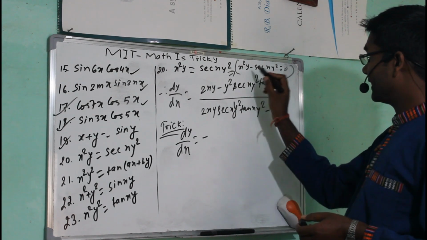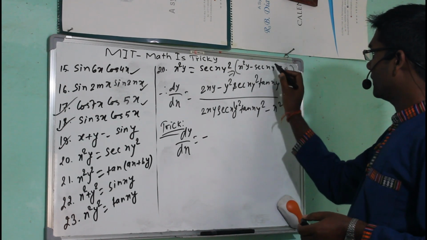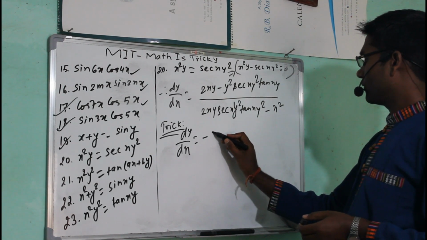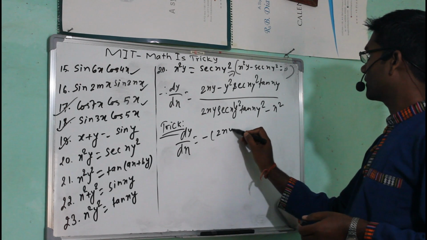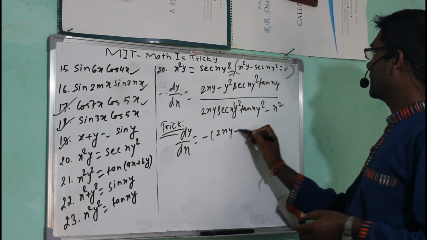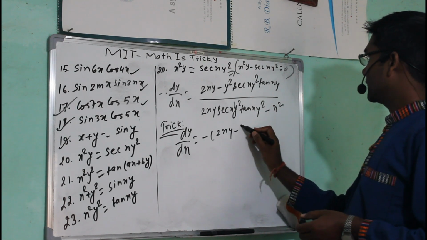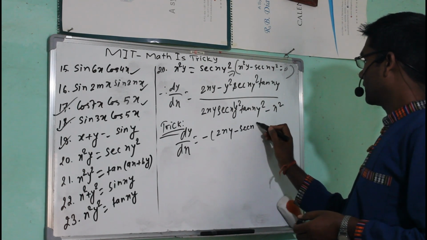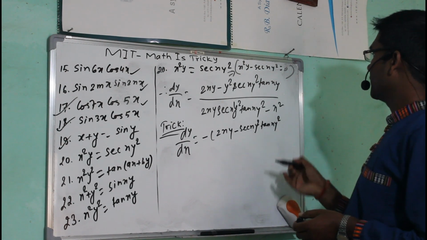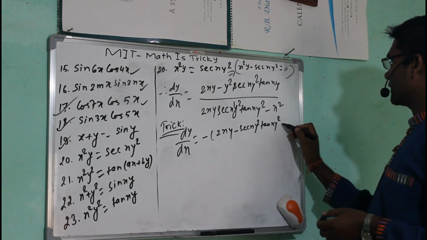So except x, all will be constant, so it is simply 2xy: the derivative of x square is 2x, y is constant, minus the derivative of sec is sec tan. Now the derivative of xy square, simply y square.